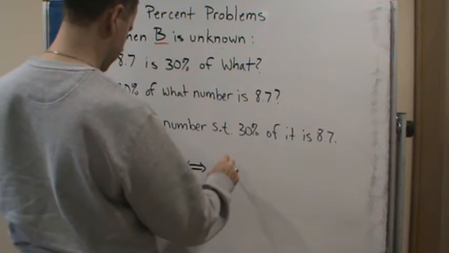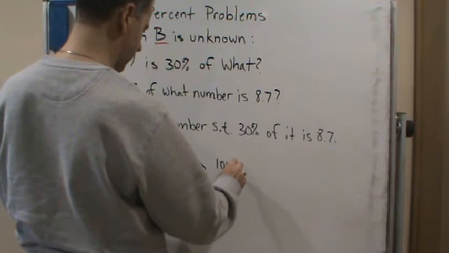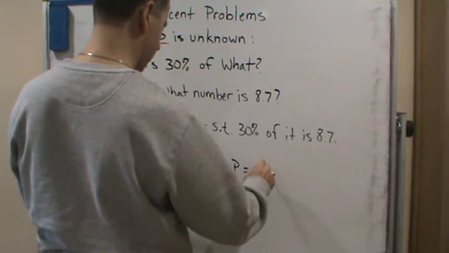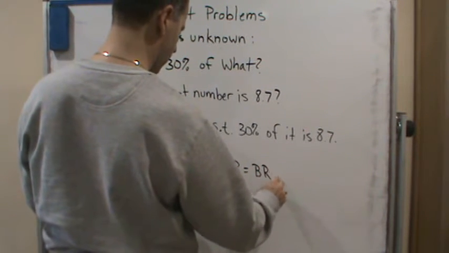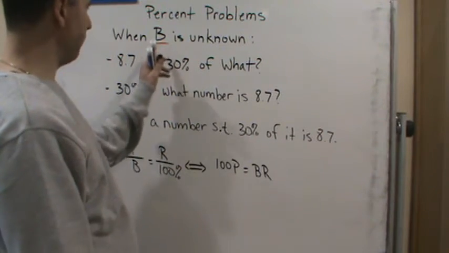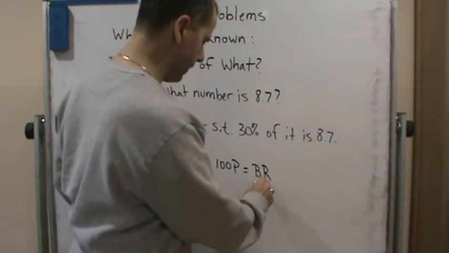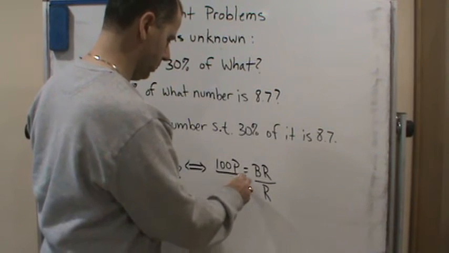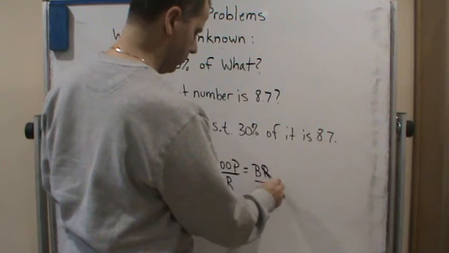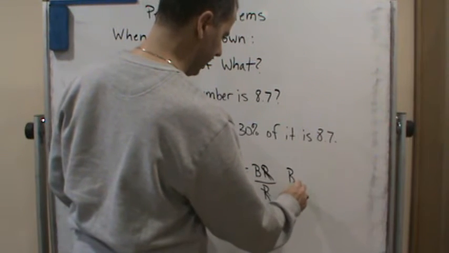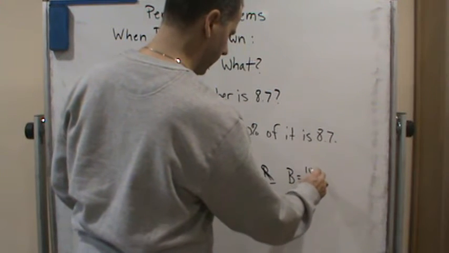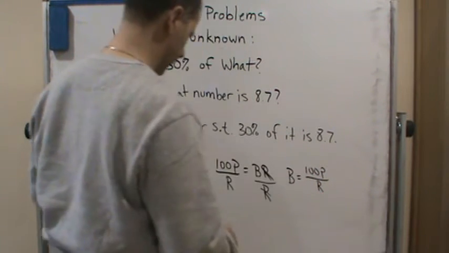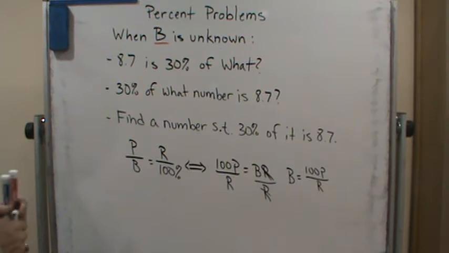We get 100P equals B times R. Now, since we're solving for B, B is the unknown, so we're going to divide both sides by R. And so we end up with B equals 100P over R.